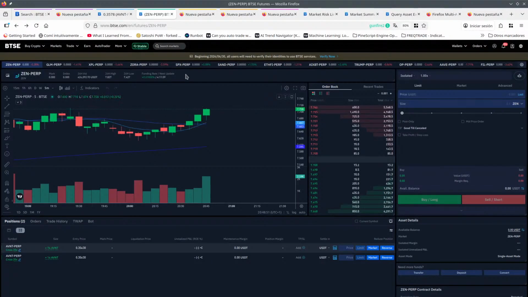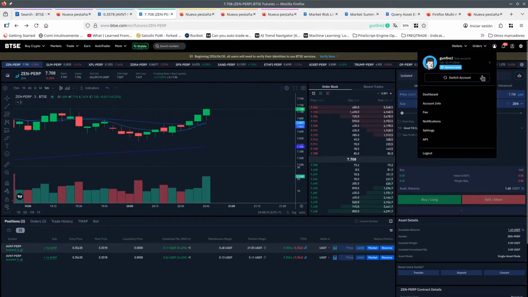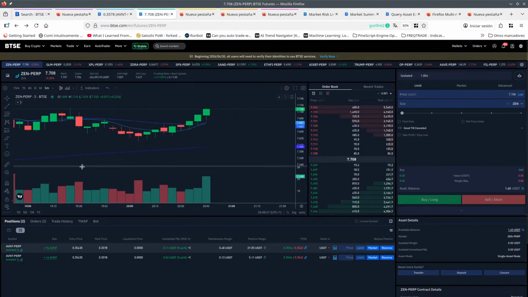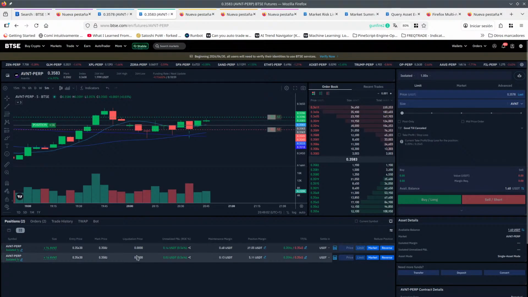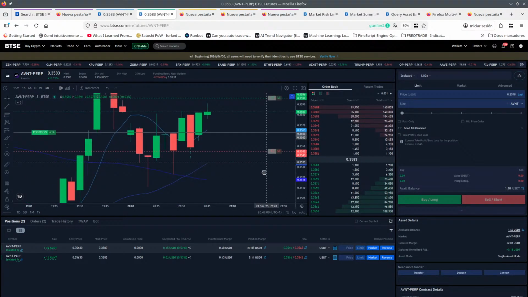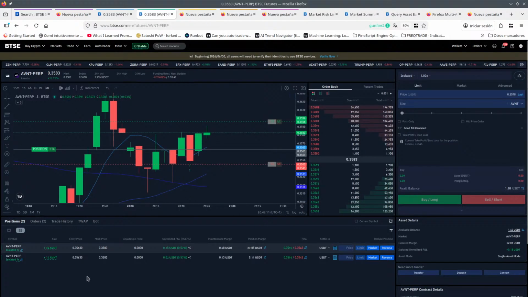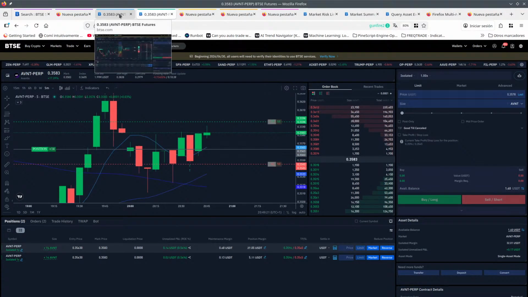So if I go here and I change to Gunfire 2, okay, we are already in Gunfire 2. So yeah, take profit is the same value. Yes, it is. Stop loss is slightly different, but you know.